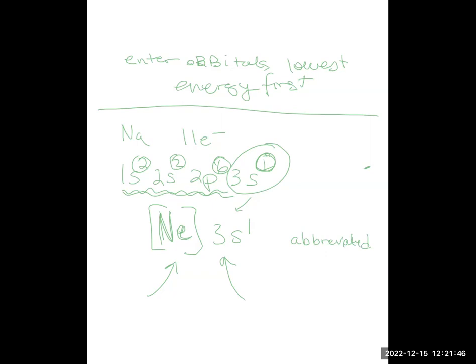So I want to do one more. Let's do it here on the whiteboard. Okay, let's do magnesium. 1s2, 2s2, 2p6. I'm just filling them in order. 3s2, and that's it. Okay, so we would do the abbreviated form.